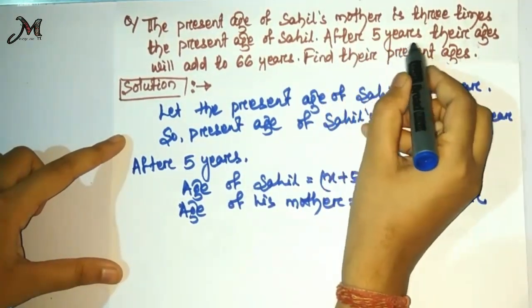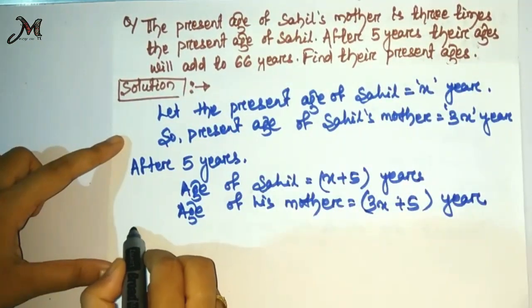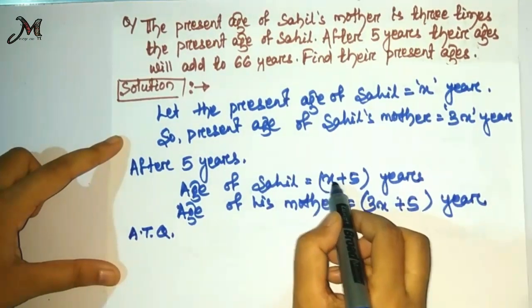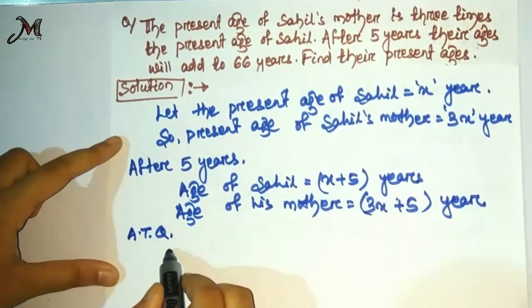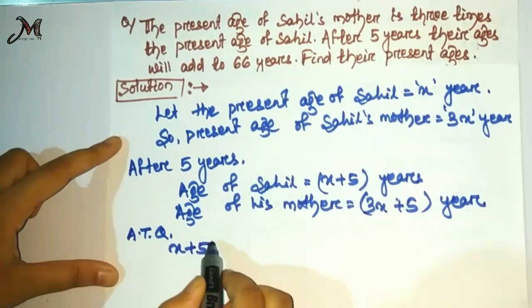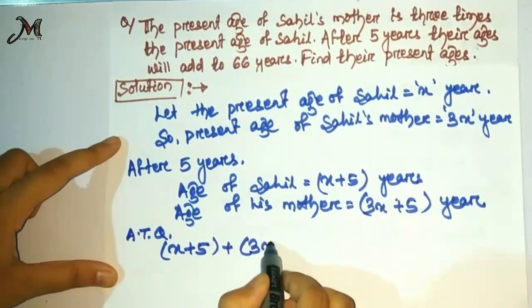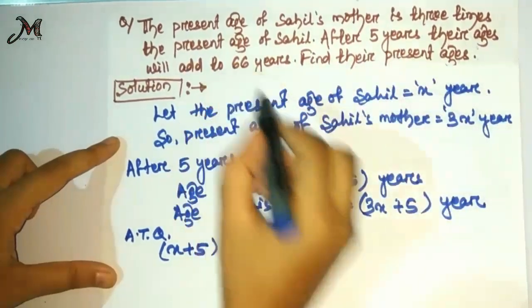Now we can write, according to the question, what is given? After 5 years, their ages will add to 66 years. So according to the question, after 5 years their ages will add to 66 years. That means x plus 5, age of Sahil, plus 3x plus 5 is equal to 66 years.